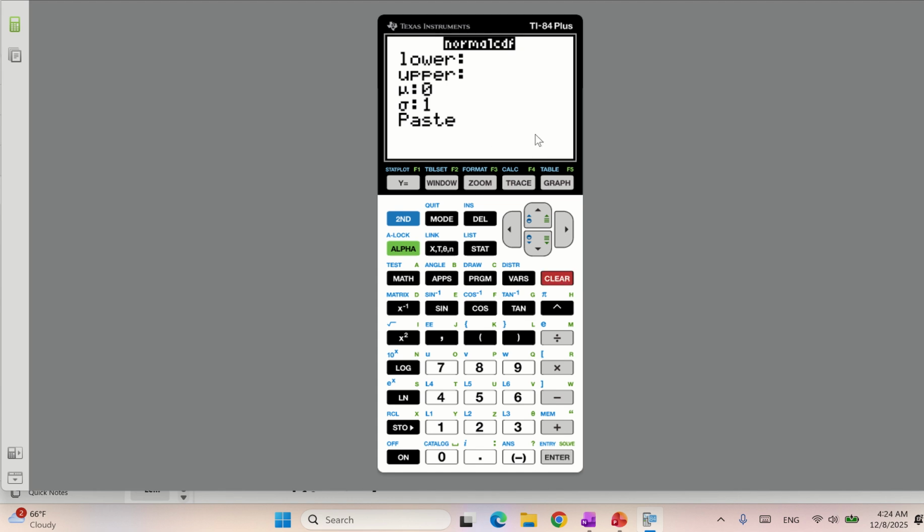I'm just going to show you one of them, without standardizing: 90, 100, the mean 93.2, and the standard deviation 3.6. Paste that, press enter, and you get 0.7835, which is what I was telling you earlier.